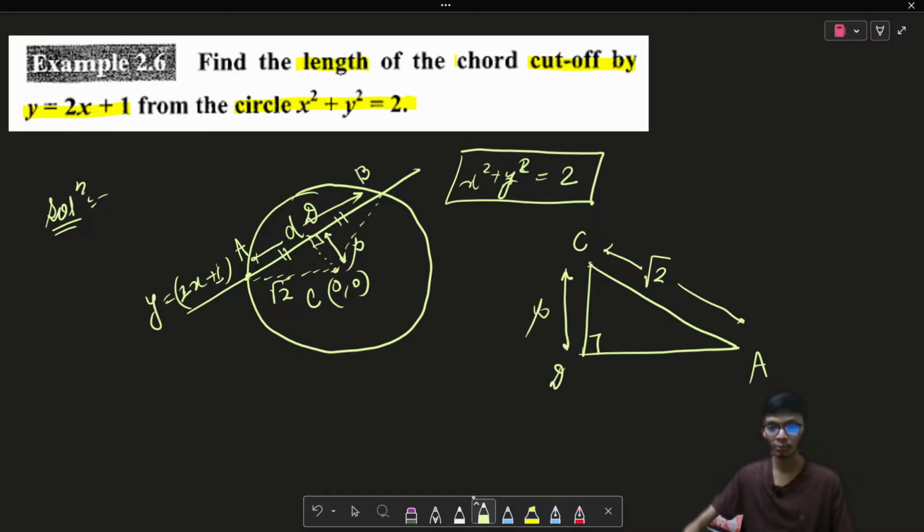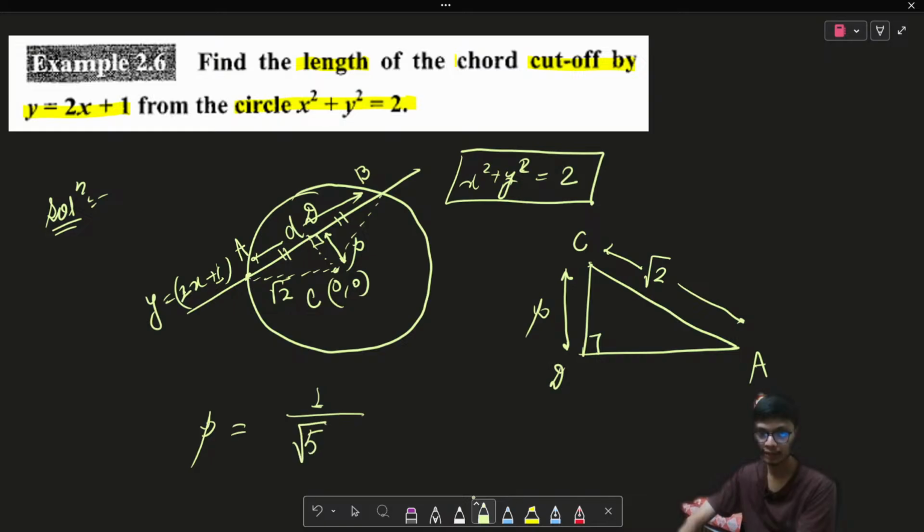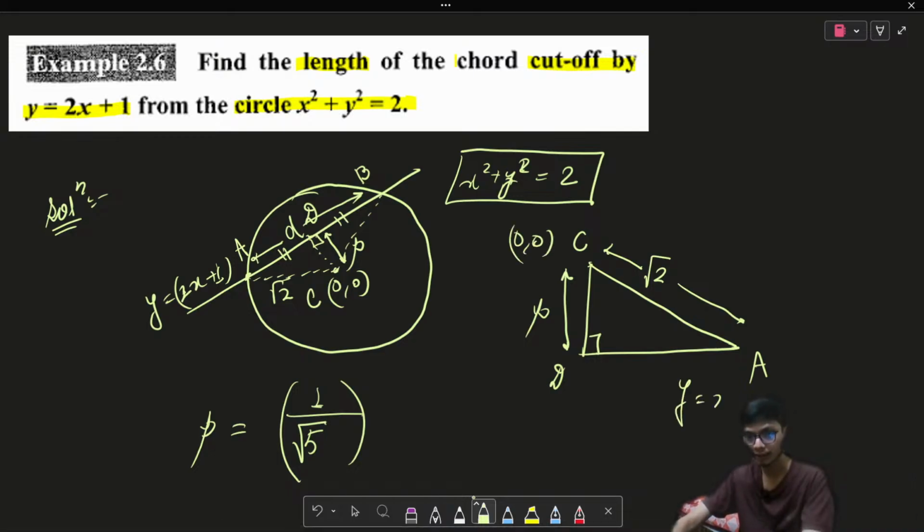Let us find out this perpendicular distance P. Using the formula, it will be 1 upon root 5, right? That will be the perpendicular distance of the origin, which is the center, from the line y is equal to 2x plus 1. So if you apply the formula, you will get 1 upon root 5.